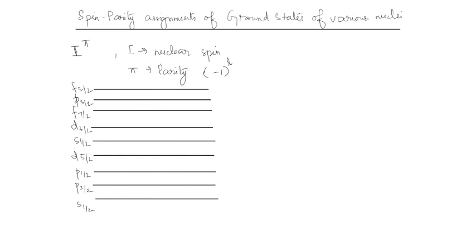Now, what we should understand is protons and neutrons are present in the nucleus. So, you get the same set of energy levels for protons as well as neutrons, but they are not identical particles. Protons and neutrons are not identical particles.